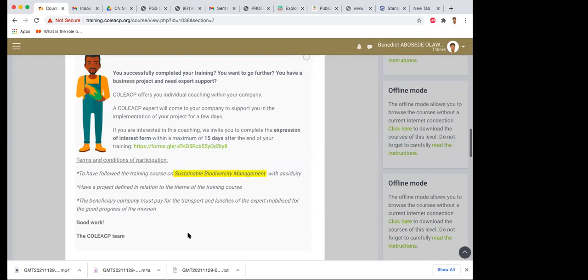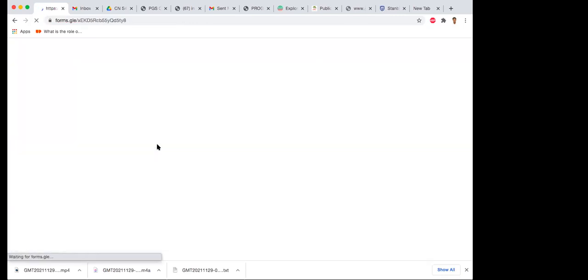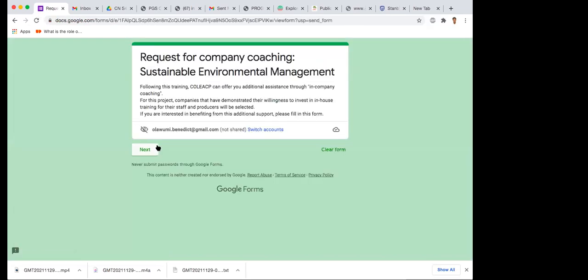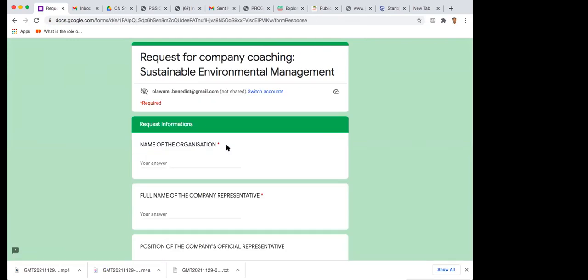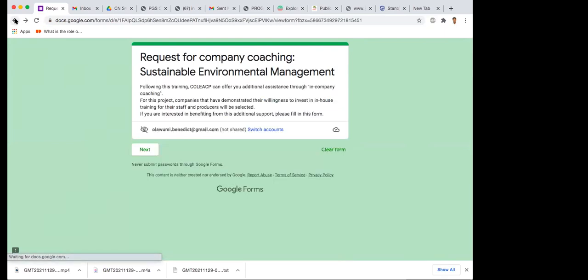So if you pass this information to the owner of the establishment, then within 15 days they can fill this form, and when you fill this form and submit it, COLEACP will receive the form and then switch into action to communicate further plans with us.